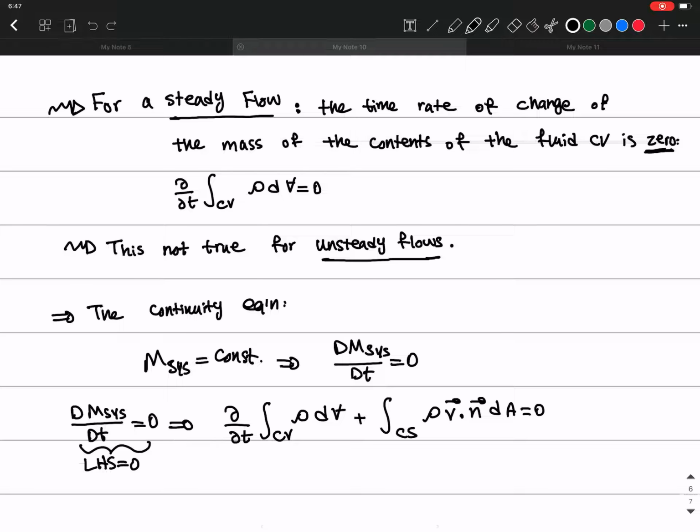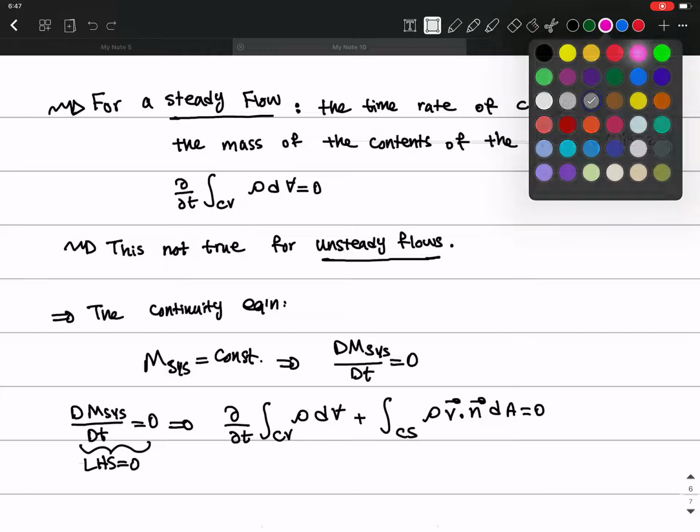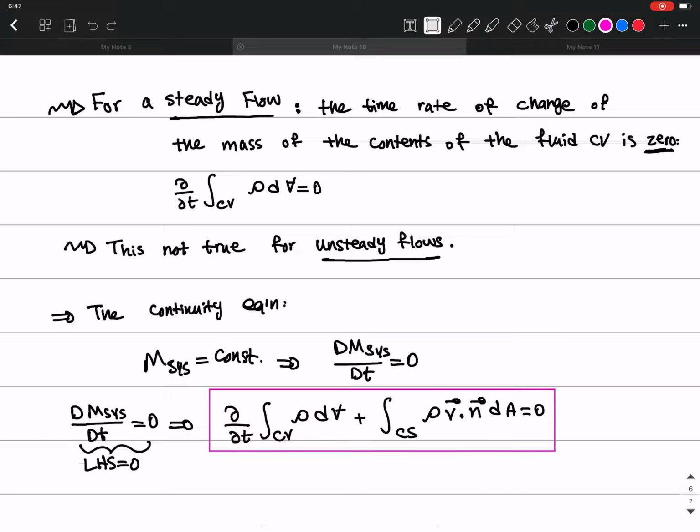And just to give you an idea again of what this means, this is an important equation, and I just want to emphasize that. I want to derive the mass flow rate that we learned before about the continuity equation in the previous chapter.